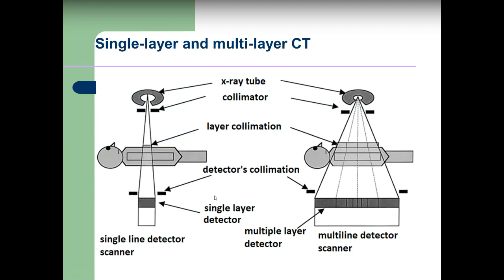Available systems have moved quickly from 2 slices to, I think, 380 slices and more, which covers more than 1060 millimeters of patient length, with 1 second or less rotation of the tube.